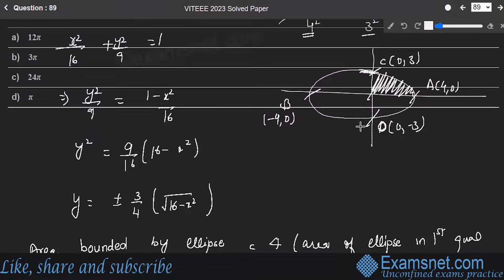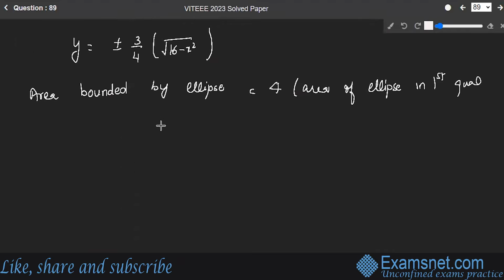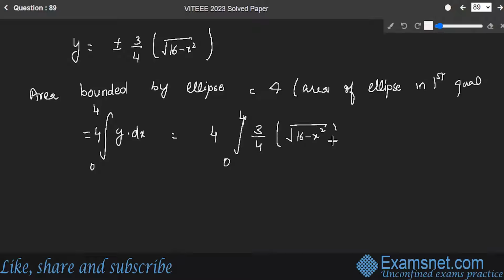Right, now it will be limits 0 to 4, integral limits 0 to 4, and the total area is equal to 4 times this. So 4 into integral of 0 to 4 y into dx, that is equal to 4 into integral of 0 to 4, 3 by 4 root of 16 minus x square dx. This will give me 3 integral 0 to 4 root of 16 minus x square dx.